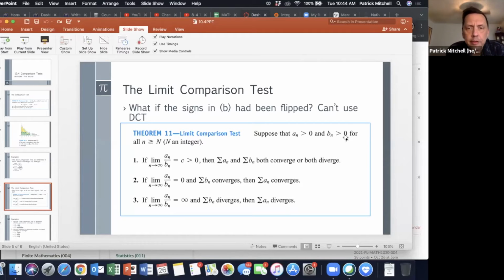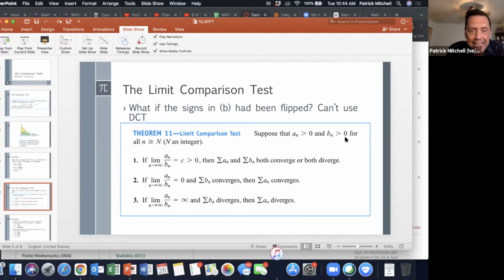Okay, so what you see in front of you is the limit comparison test. I mostly only use number one of this. However, you are free to use numbers 2 and 3. I'll explain them briefly. Suppose that a sub n and b sub n are both greater than 0 for all n greater than or equal to some integer N. So eventually you have two series that both have all positive terms.